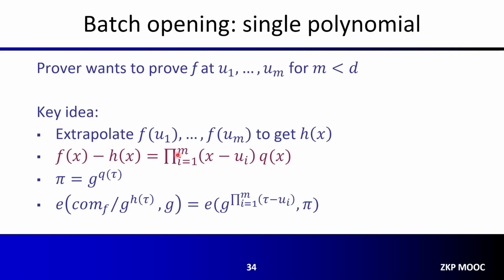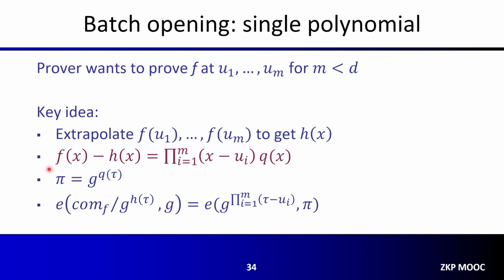So because of that, u1, u2, u3 and all the way to um are all roots of this polynomial f of x minus h of x. And because of that, it can always be decomposed as this product times the quotient polynomial q of x. So then we are going to compute the proof pi as g to the power of q of tau, as in the regular case with one opening. And note that this is only a single element in the base group for multiple evaluations.